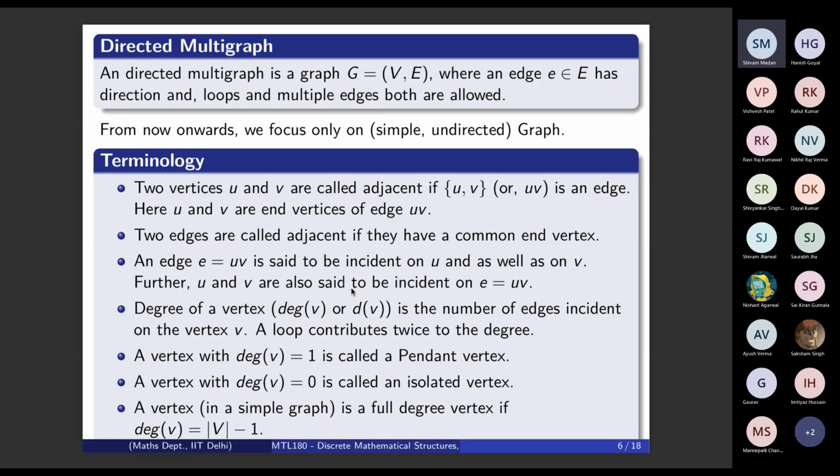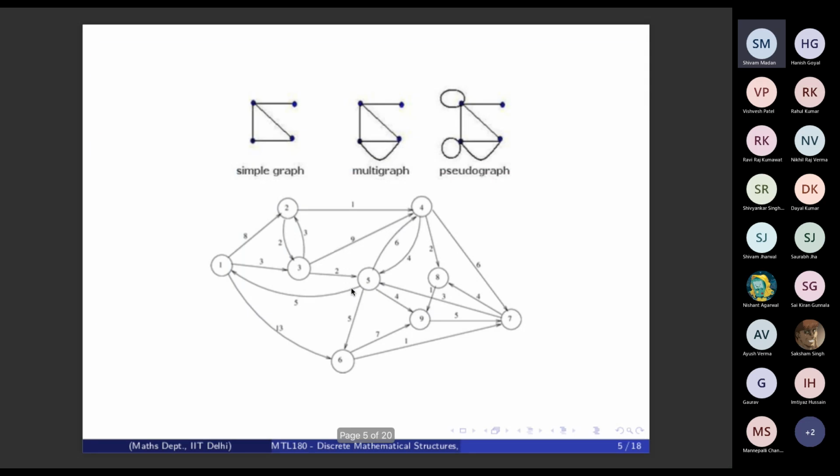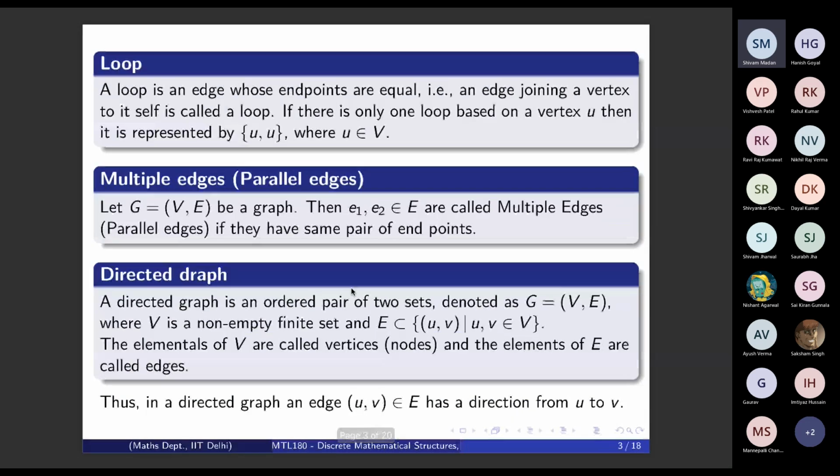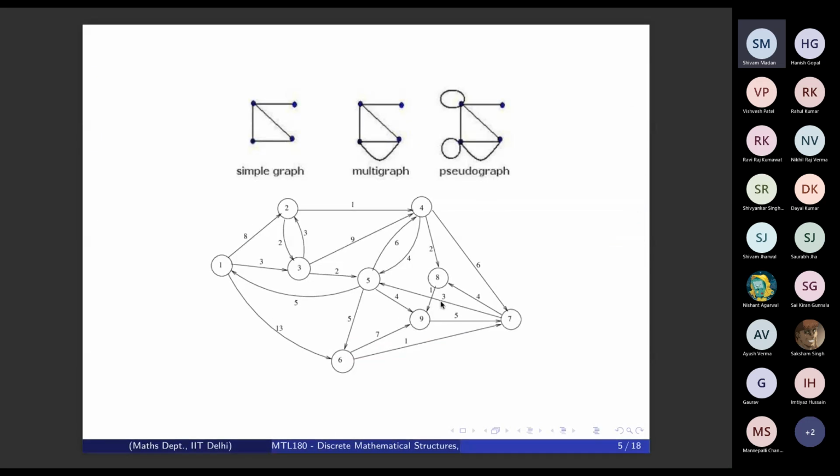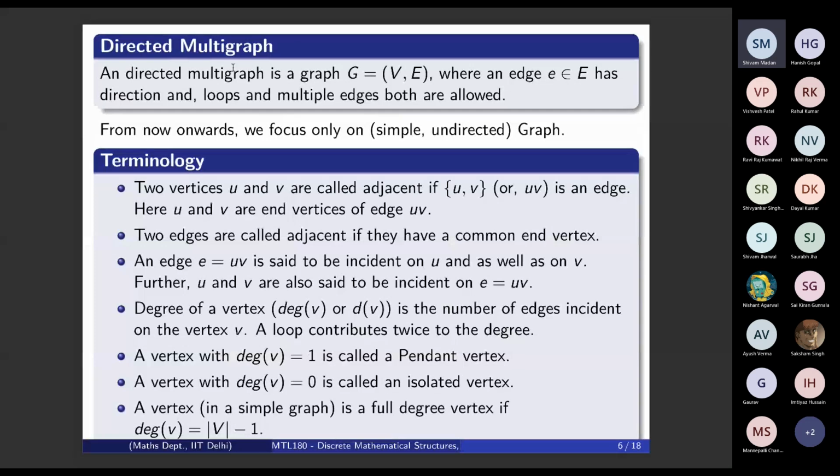Now in the directed graph, we have defined a directed graph in this way actually. We have seen that this is a subset of ordered pairs (U, V). So in that sense, this is not actually a directed graph. This is actually a directed multigraph. So this is the definition.